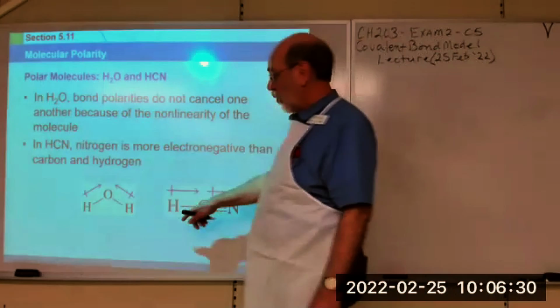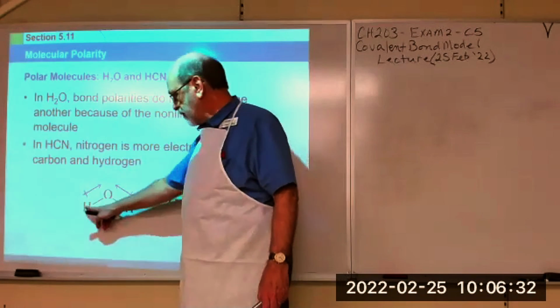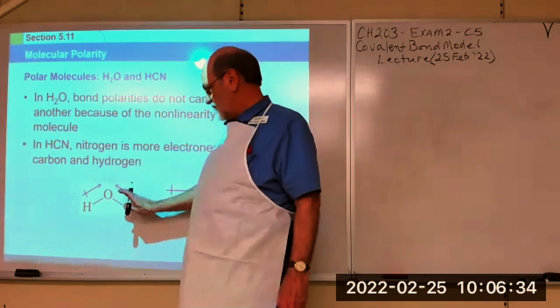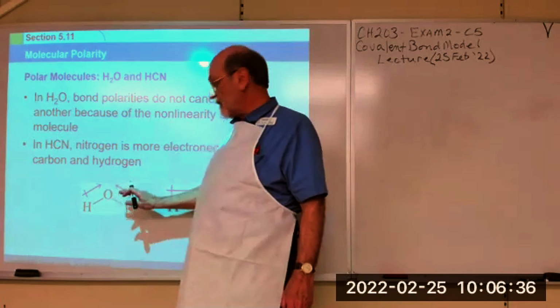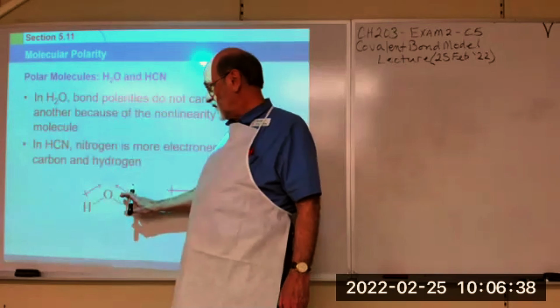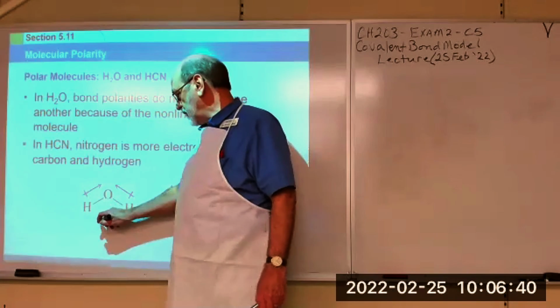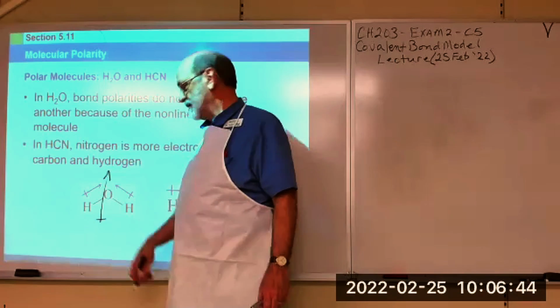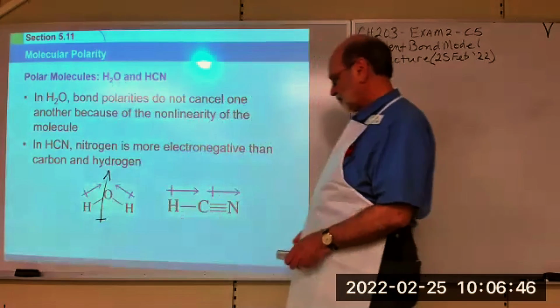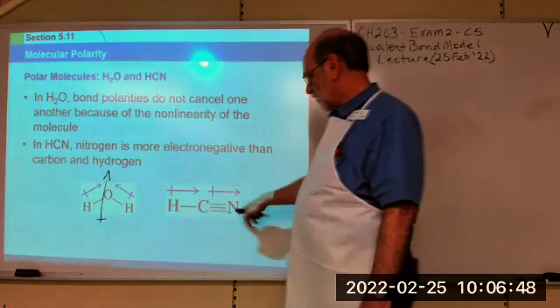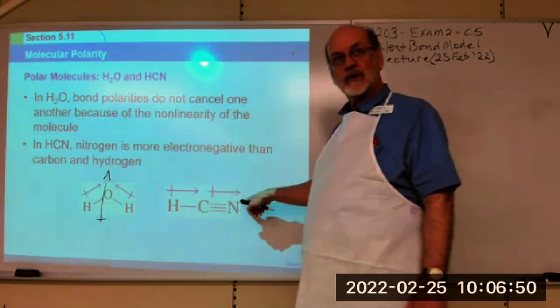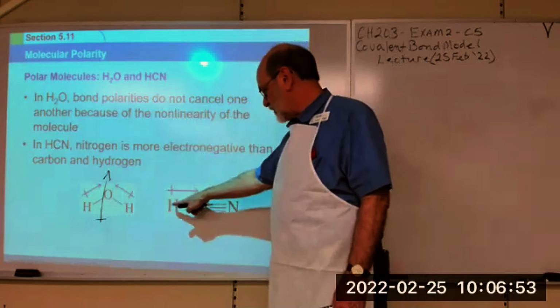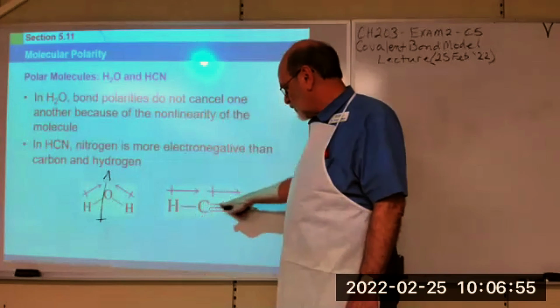This one, on the other hand, water. These bonds are polar, but they don't cancel each other out. In fact, they reinforce one another. So for the entire molecule, the vector would be this way. This one would also be polar because this is polar that way and this one's polar that way.